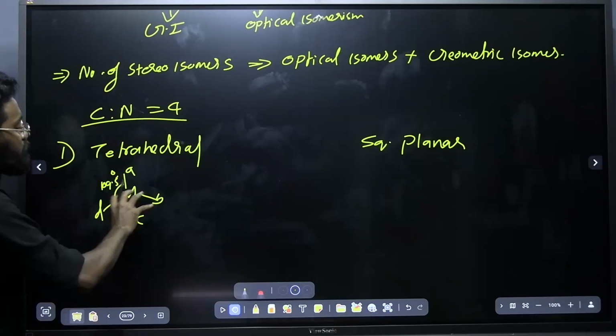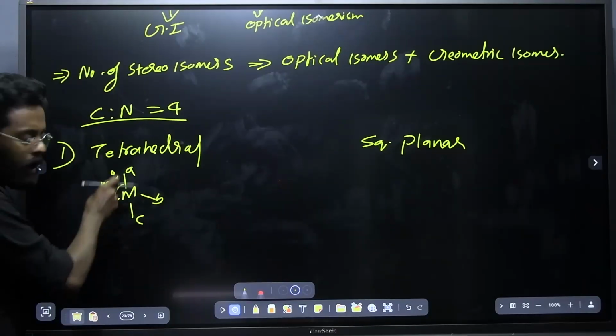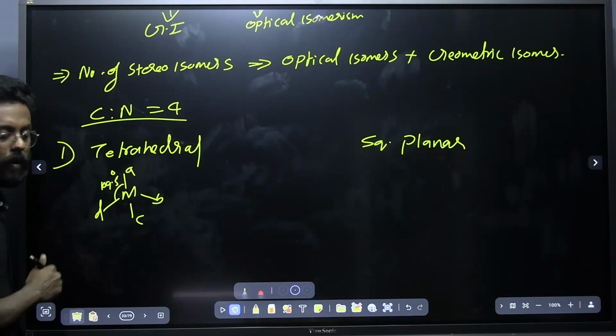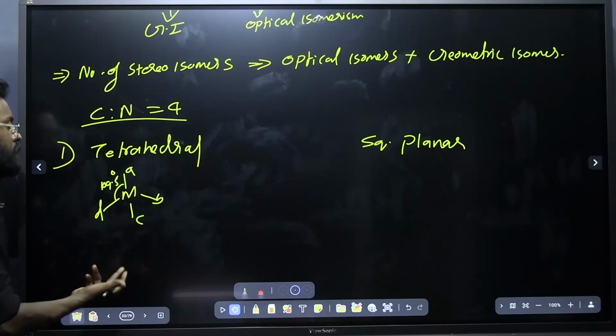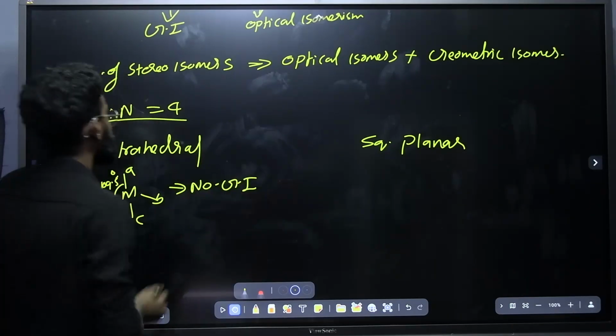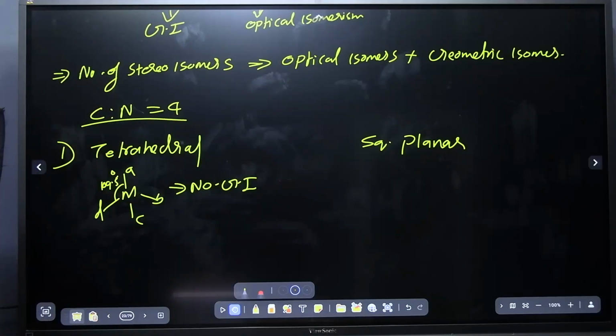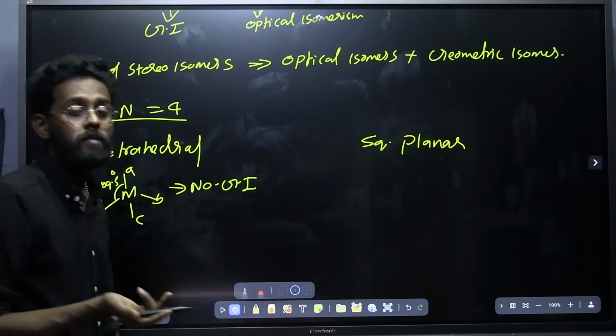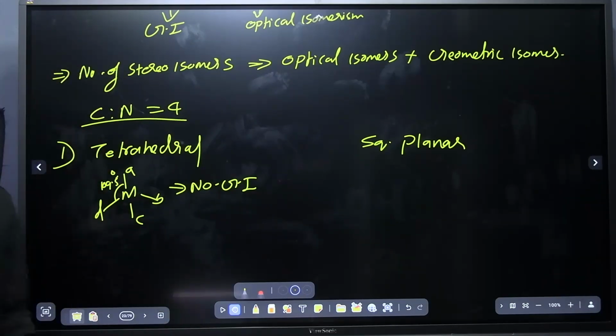If I change the position of any of the ligands, there is no change in the bond angle between the ligands. So in this case, there is no geometrical isomerism. Tetrahedral complexes won't show geometrical isomerism because there is no change in the bond angle. Geometrical isomerism is shown only if there is a bond angle difference.